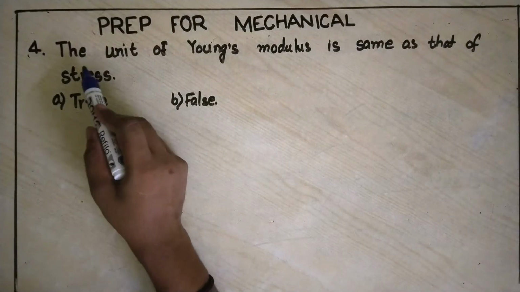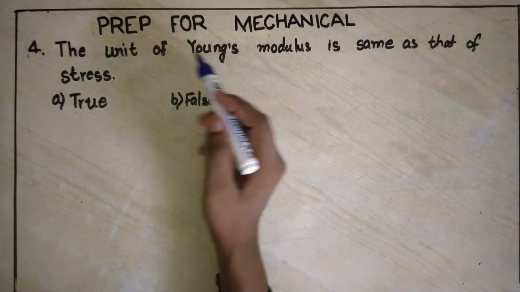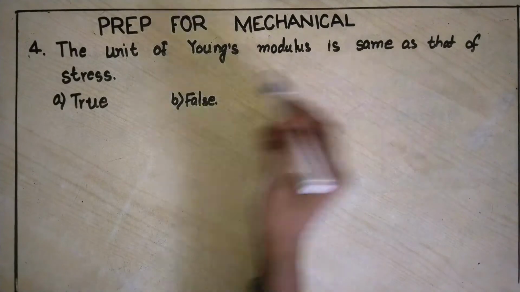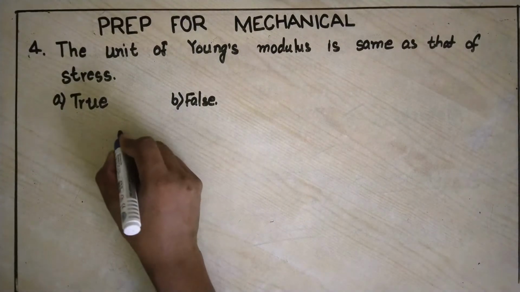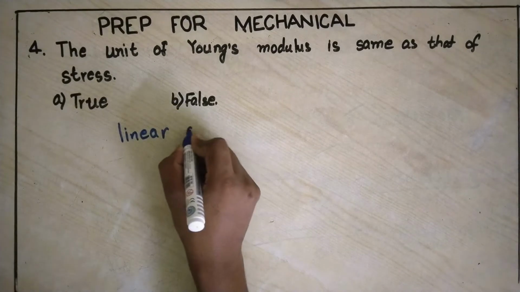In our next question, we have to decide whether the statement is true or false. The statement is: the unit of Young's modulus is the same as that of stress. Young's modulus is equal to linear stress by linear strain.